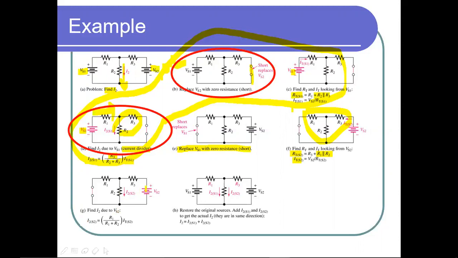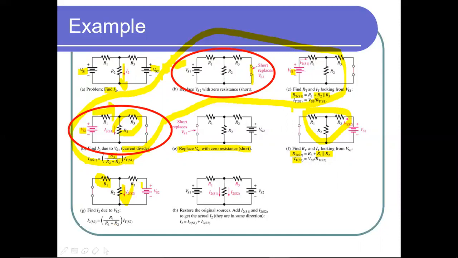Then for finding the particular current in this direction, the question itself gives the same direction, and your assumption is also in the same direction. So you find the current flowing through R2 when Vs2 is active. When Vs2 is active, I2 equals the opposite resistance, that is R1, into the total resistance R1 plus R2. Don't add R3, because the current is divided between R1 and R2, not to R3.